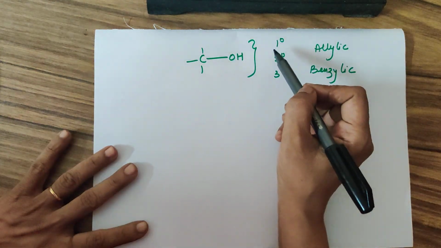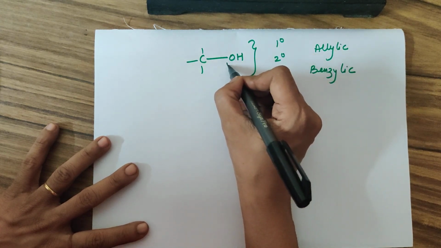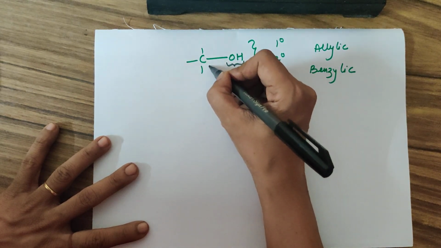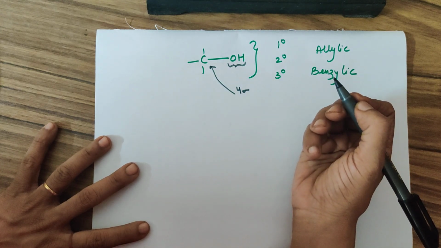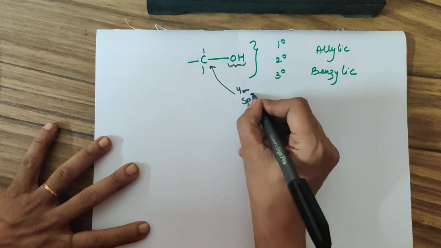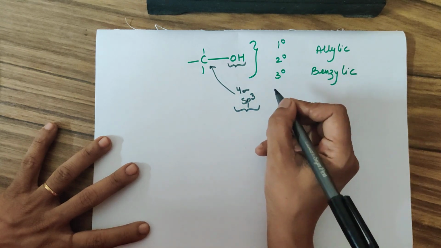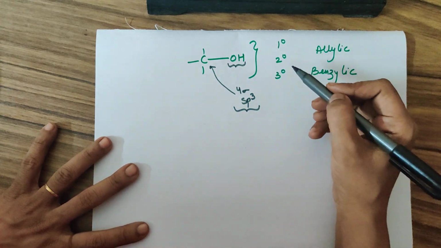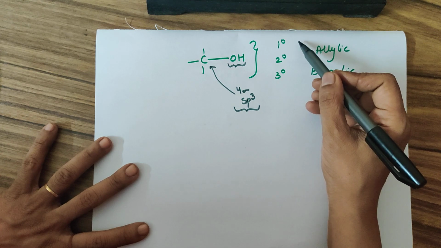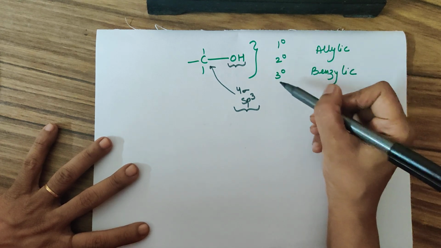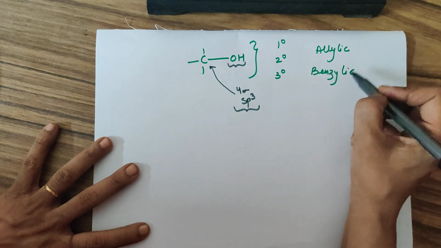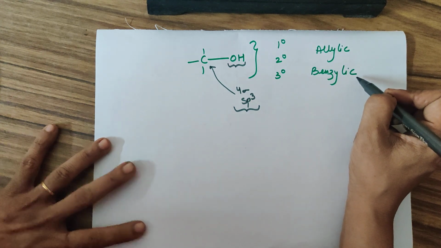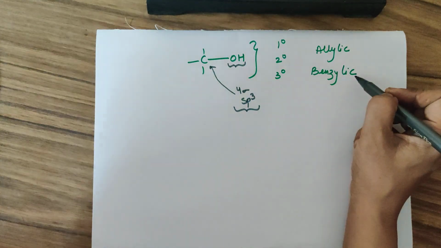So the first category that I was talking about was that your OH group is attached to a carbon which has got 4 single bonds or 4 sigma bonds. So it is sp3 hybridized. Under this category you have 5 types: primary alcohol, secondary alcohol, tertiary alcohol, allylic alcohol and benzylic alcohol. Let's do them one by one.